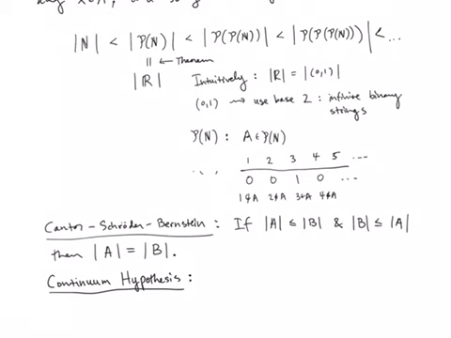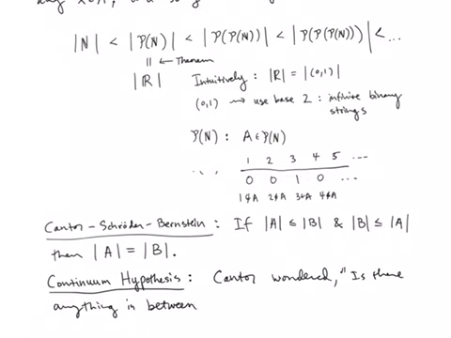So basically, Cantor wondered, are there any infinities in between the infinity of the natural numbers and the infinity of the real numbers?